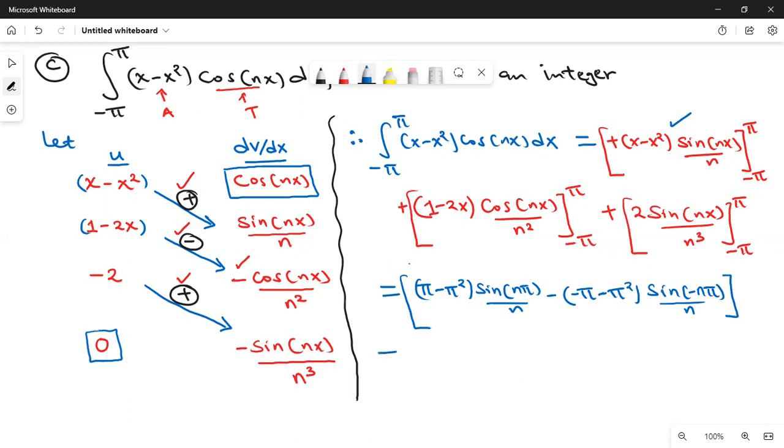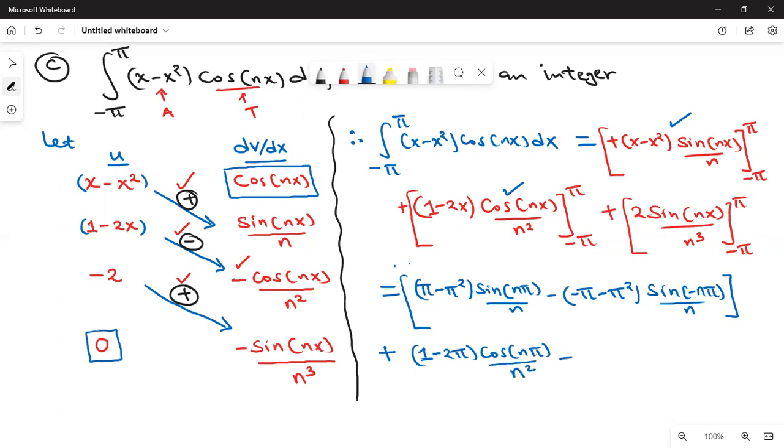Then plus this other one will give us 1 minus 2 pi times cosine of n pi over n squared.